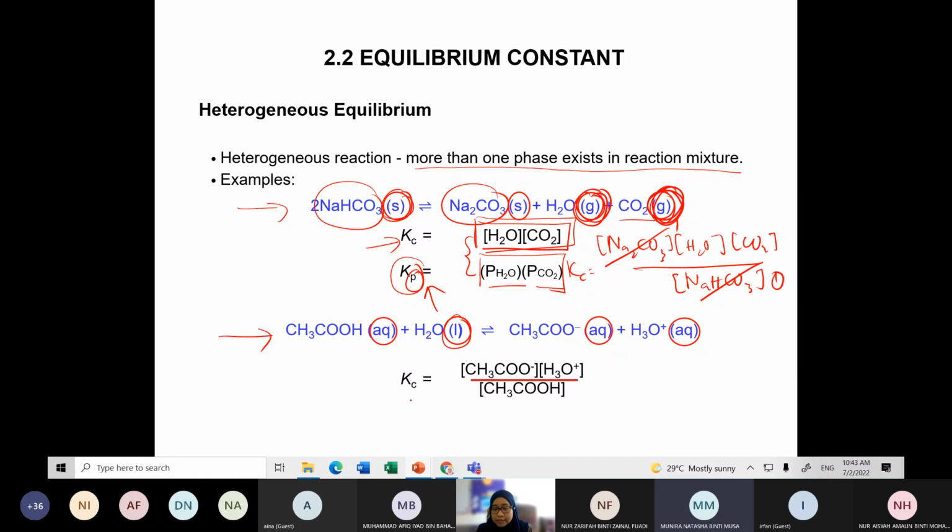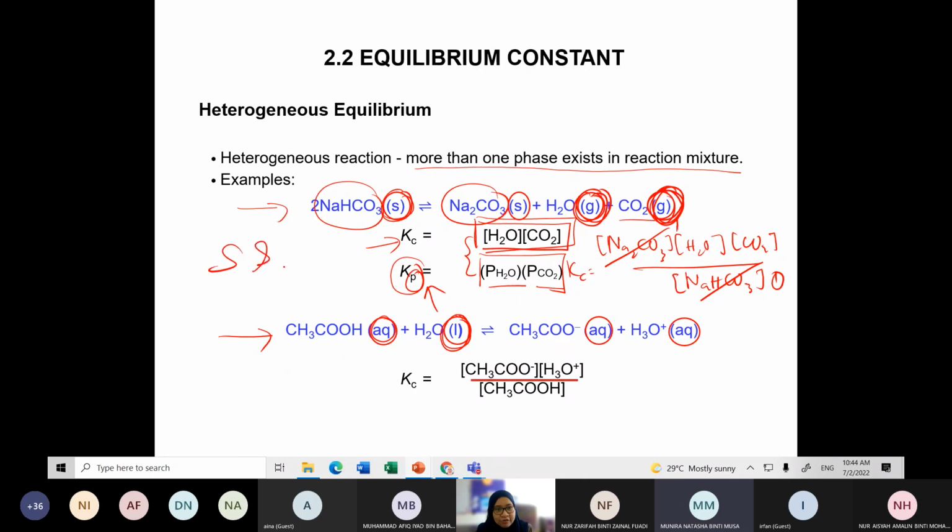Kc, that means kita consider for aqueous. Aqueous kan? Aqueous ada concentration. Liquid, do we have concentration for liquid? Pure liquid? No, we don't have concentration for pure liquid. Sama juga, it will always be constant.